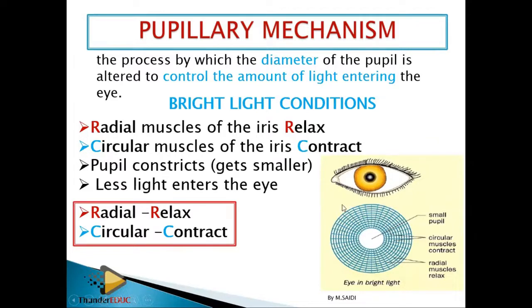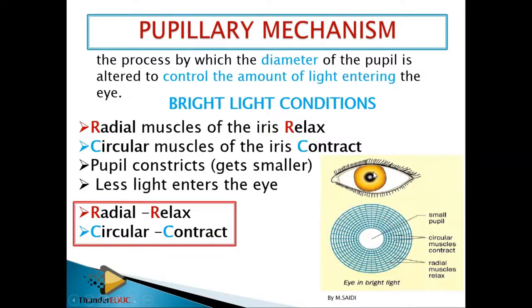They call them circular muscles because they're in circles. And radial muscles are like a radius, so that's why they're called radial muscles. When the radial muscles relax, the circular muscles will contract. When they contract, what happens?